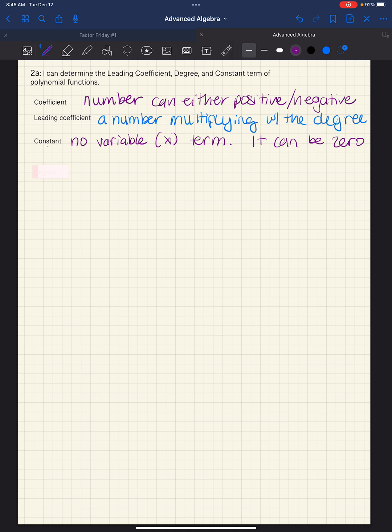The last one is degree. Degree has, let's call it, 2 different definitions. We have the standard form, which I know you guys hated seeing, but it's just a way to represent that it's in descending order.